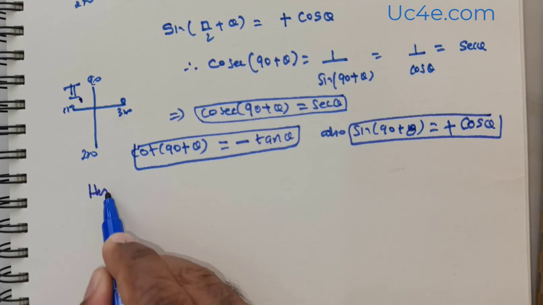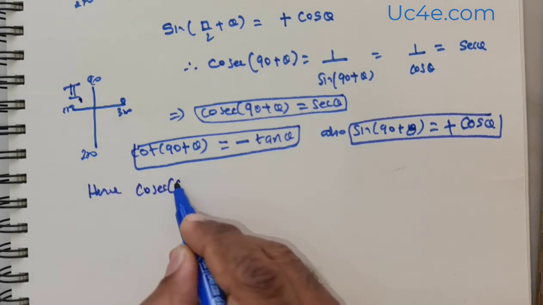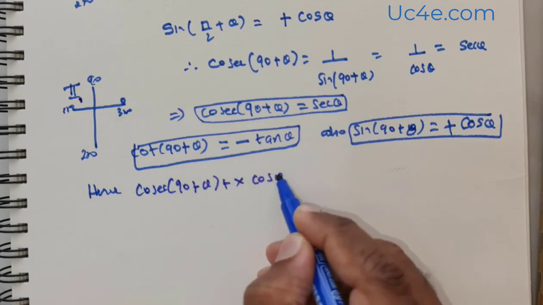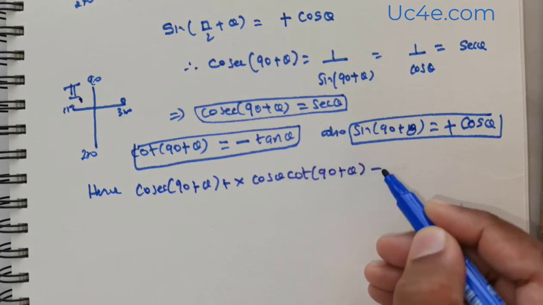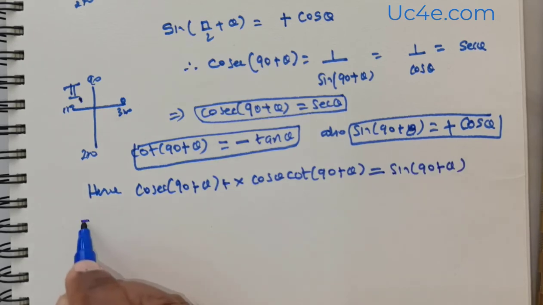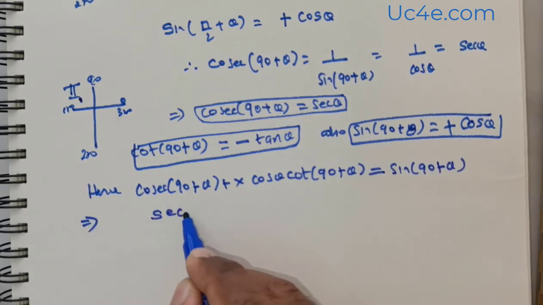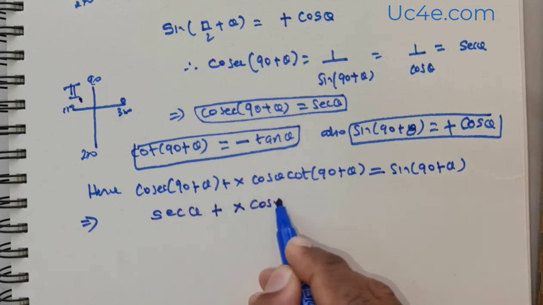So hence the given question, which is cosecant of 90 positive theta, positive x times cos theta times cot of 90 positive theta is equal to sine of 90 positive theta, can be rewritten. This is going to be secant theta positive x times cos theta.